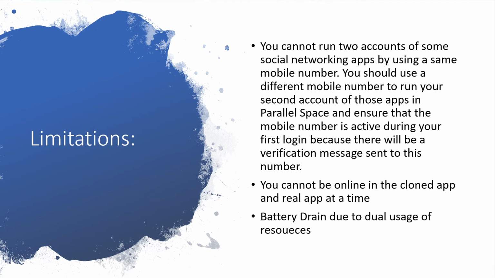Ensure that the mobile number is active during your first login, because there will be a verification message sent to your number. For example, for the real WhatsApp that I have in my phone, I should use one phone number, and for the WhatsApp I have in Parallel Space, I should use another phone number. The same phone number doesn't work at both locations.